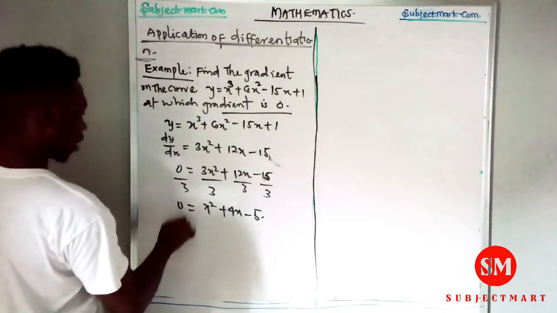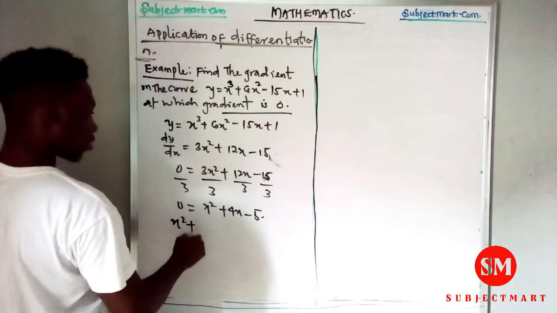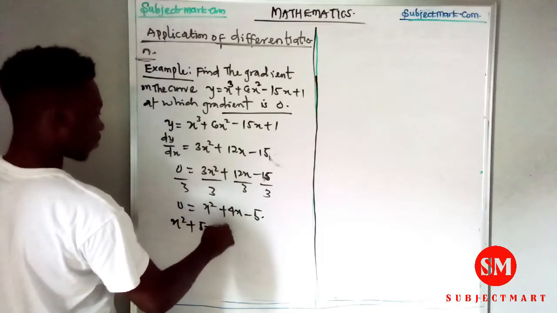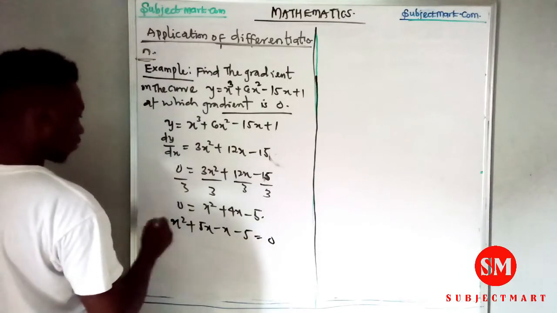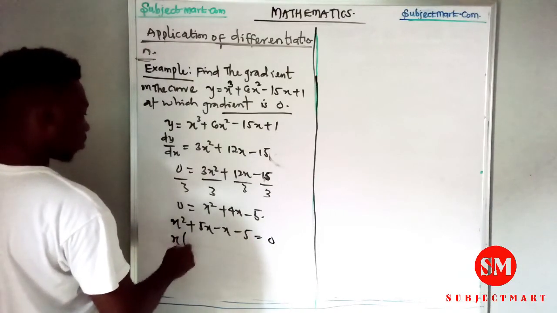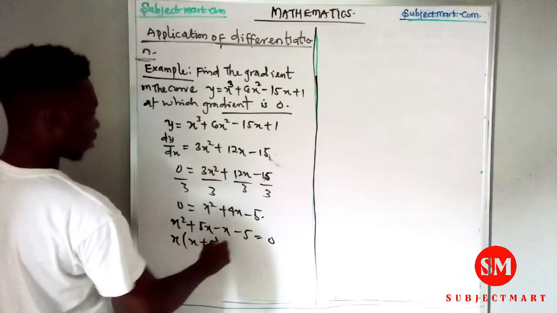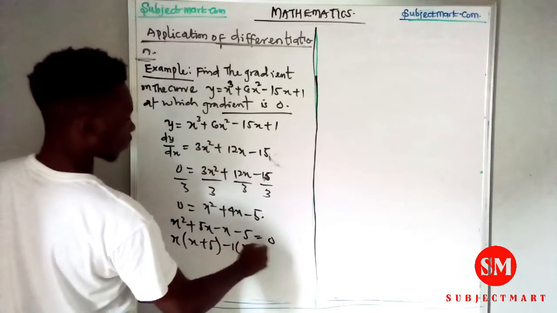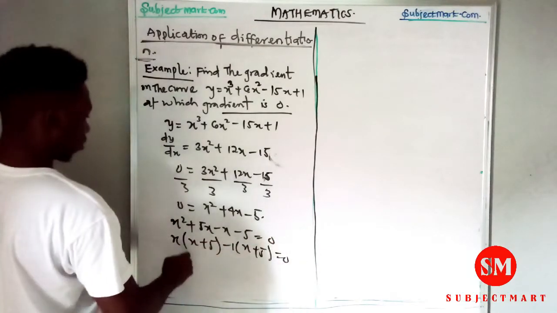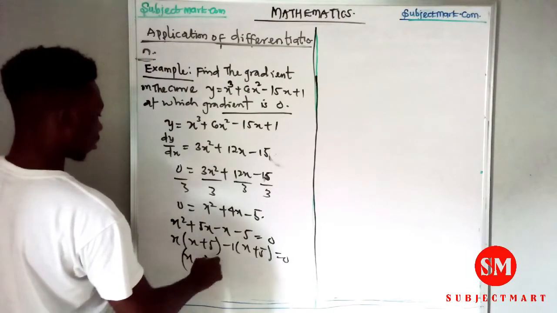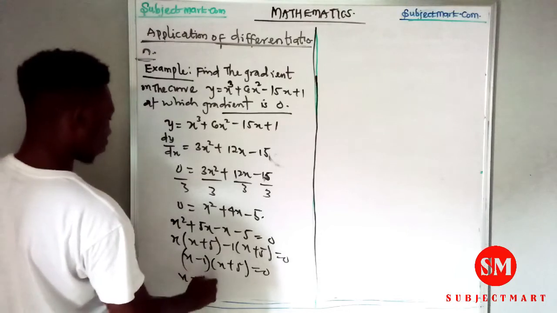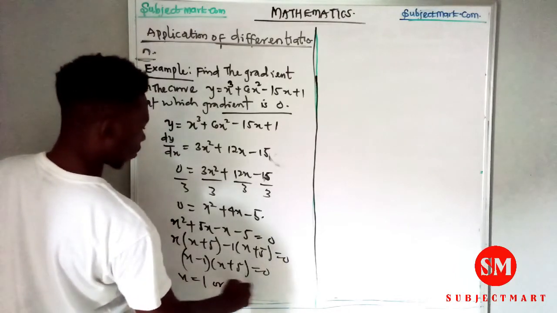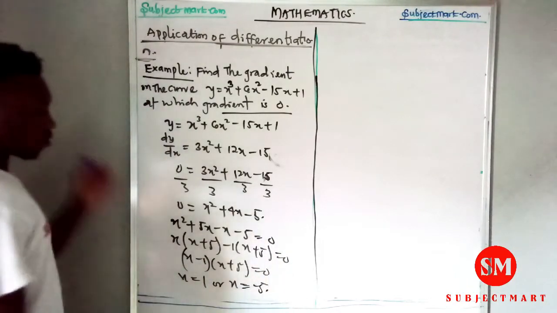So this is x squared plus 5x minus x minus 5 is equal to 0. So factorizing, this is now x open bracket x plus 5, minus 1 open bracket x plus 5, is equal to 0. So x minus 1 in bracket, x plus 5 is equal to 0. So x here is equal to 1, or x here is equal to minus 5.